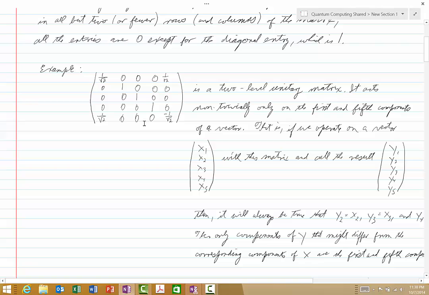The importance of a two-level unitary matrix, as we will see, is that these can be implemented using gates that act only on one qubit.